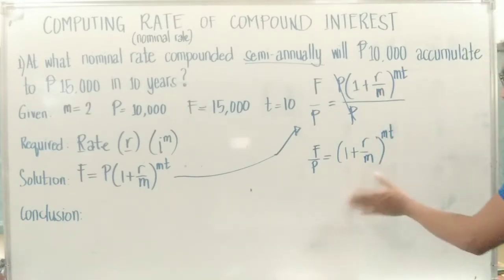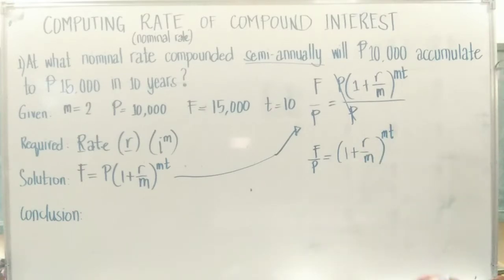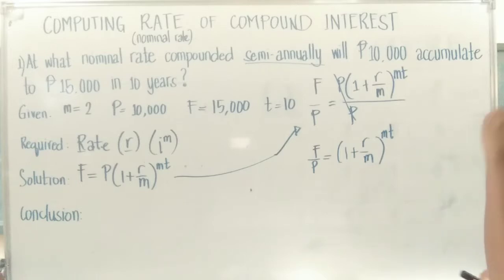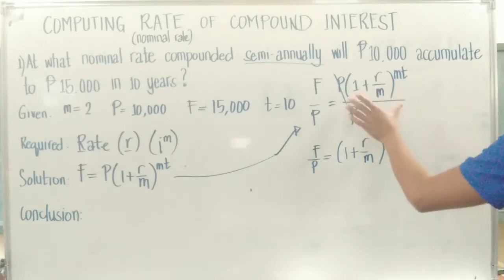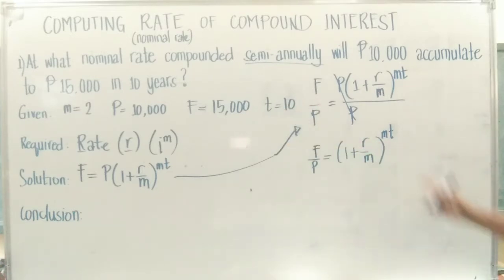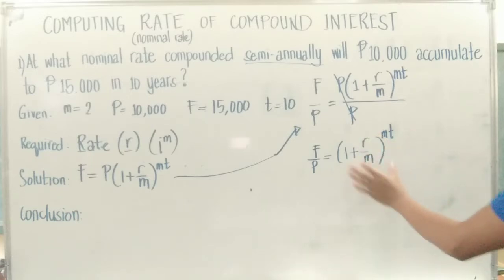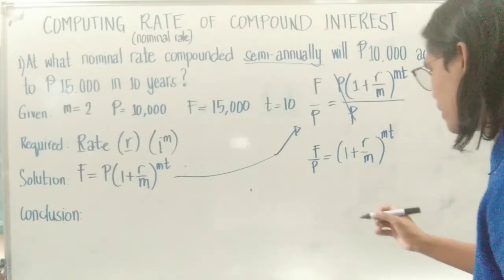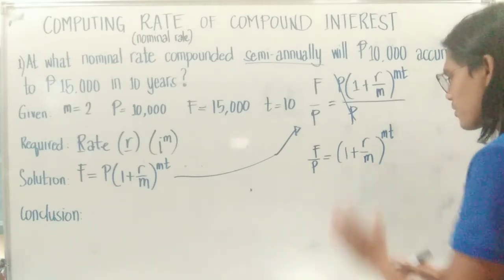Okay? So we have here your exponential function. Again, we are using the inverse of operations in deriving your formulas and equations. In here we have multiplication, so on the other side we have division. Because we have here your exponent, we should do extracting of roots. So take note of this.